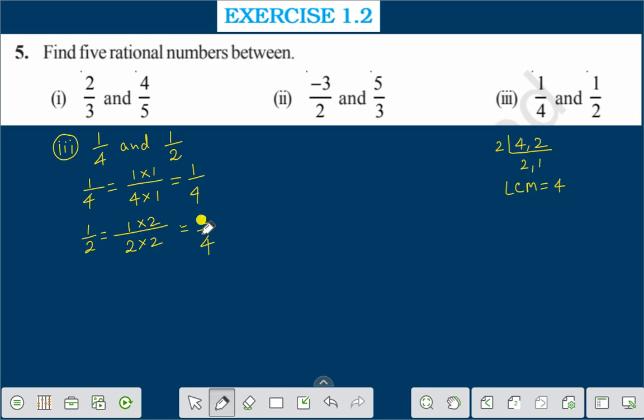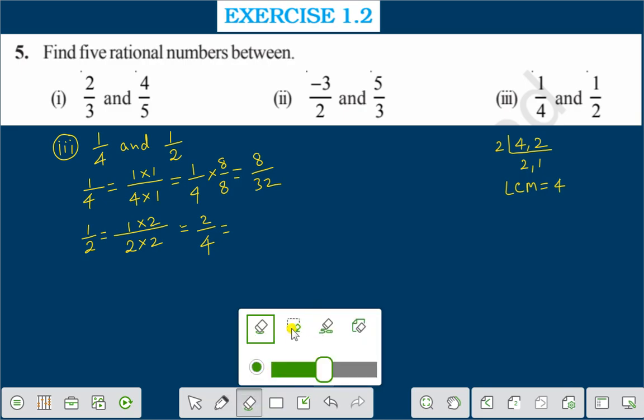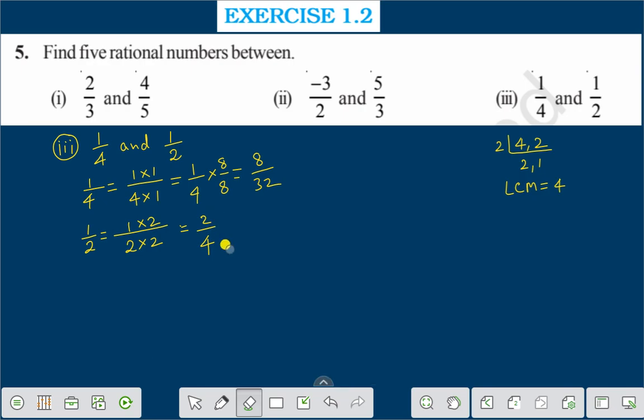Now if we multiply both the numerator and denominator by 8, we are getting 8 by 32, and 16 by 32.